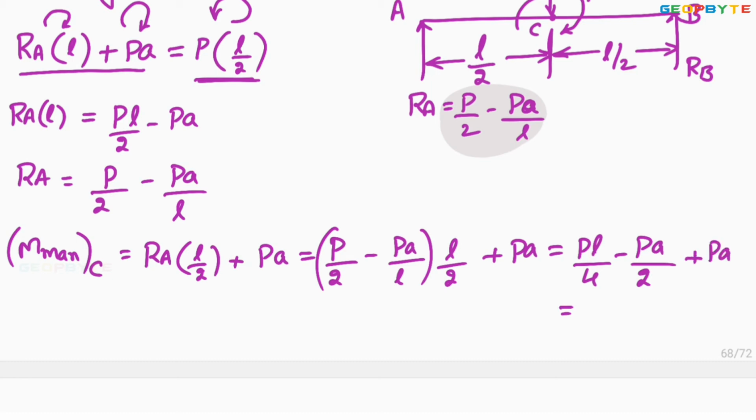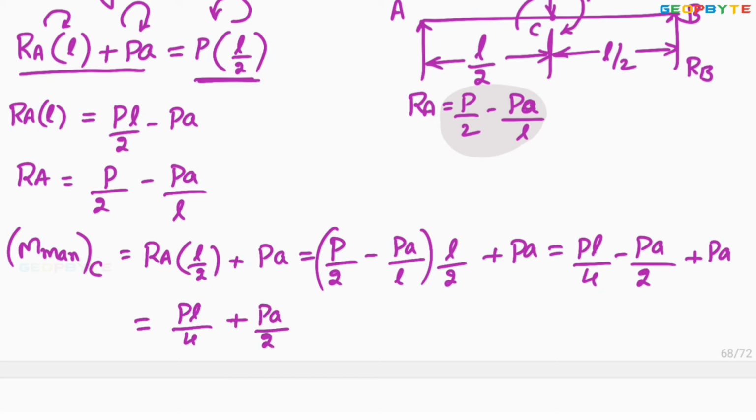So it can be written as PL by 4 minus PA by 2 plus PA, that is plus PA by 2.